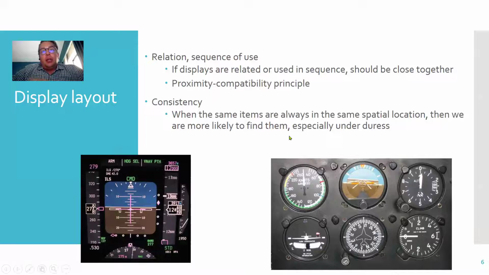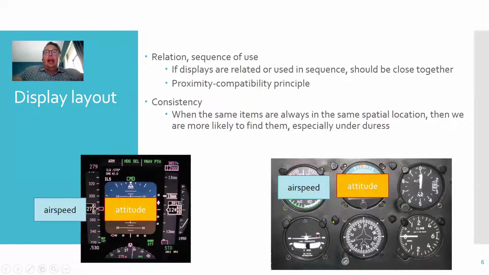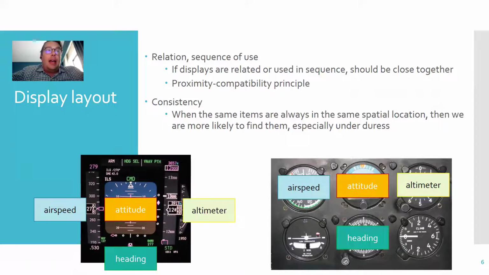And I've got an example here of aircraft, the key displays. They actually call this the six-pack, or they can call it that. The key displays that you'd need to fly an aircraft, this is the older look to it. What you see here is a very common arrangement where airspeed, altitude, altimeter, and then right below it, the heading in this sort of T shape.